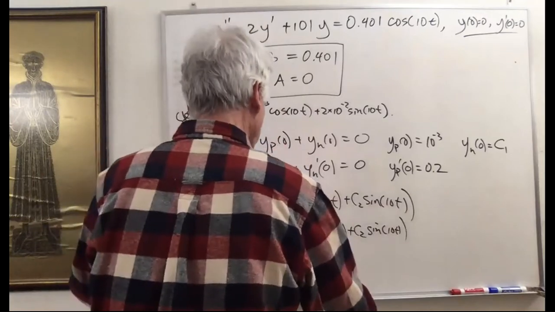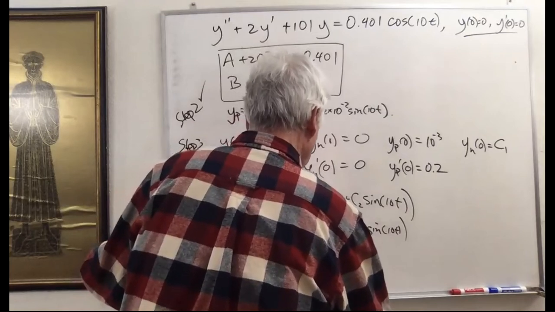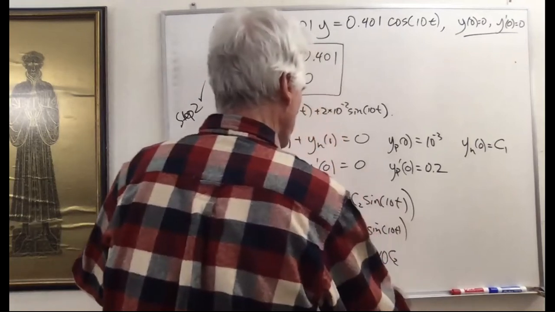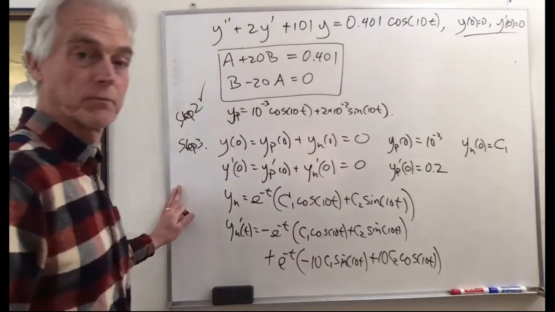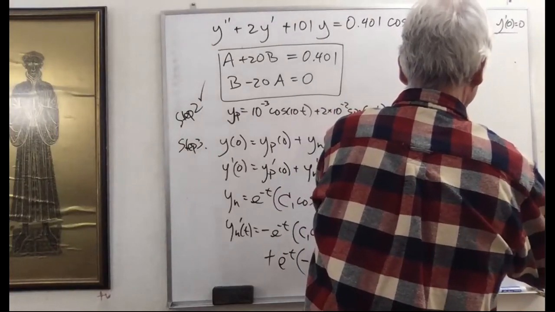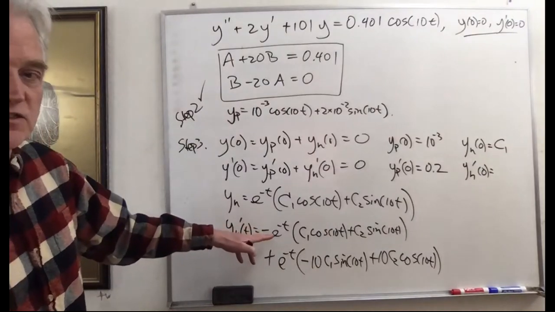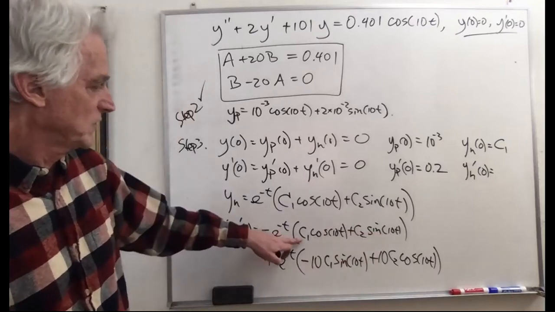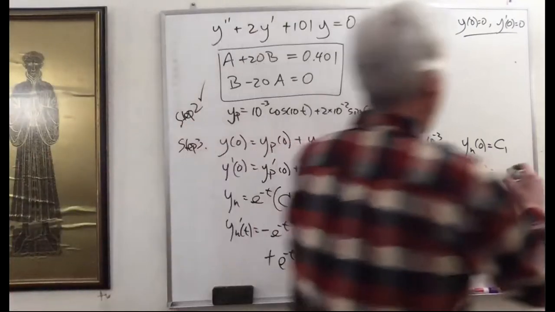The derivative of cosine is minus sine, so I get minus 10 from the chain rule, times C1 sine of 10t, plus 10C2 cos of 10t. Okay, so now I can actually compute yh prime of 0. When I evaluate this, again, e to the 0 is 1, cos 0 is 1, sine 0 is 0. I get minus C1, that goes away, plus 10C2.